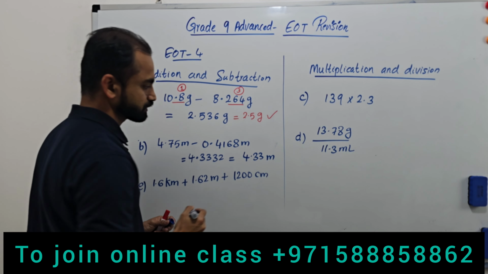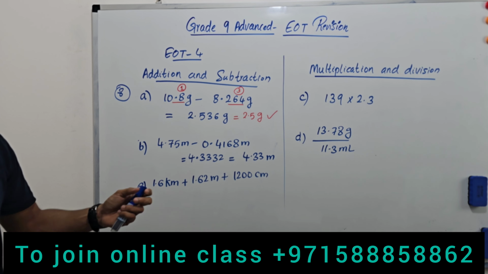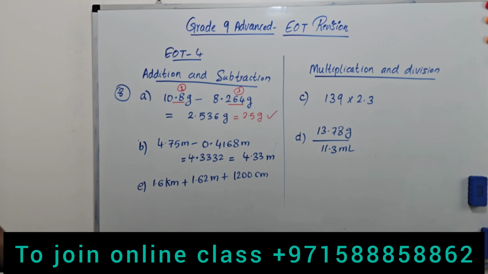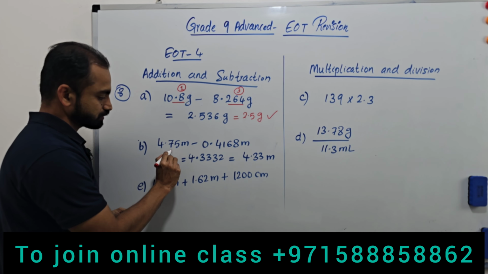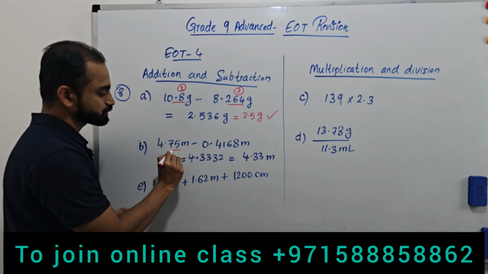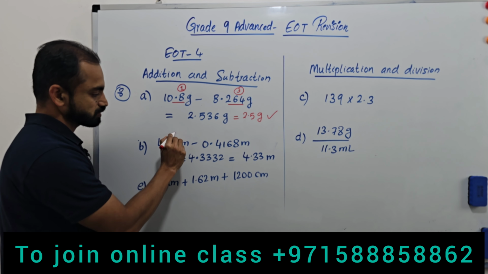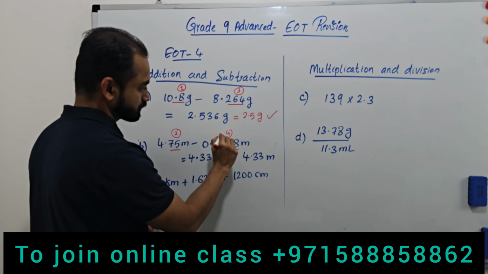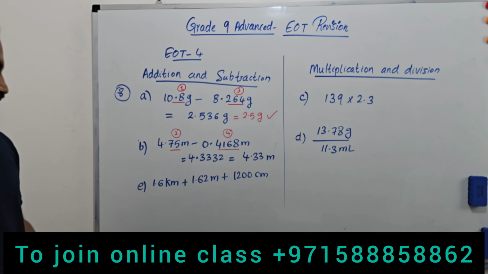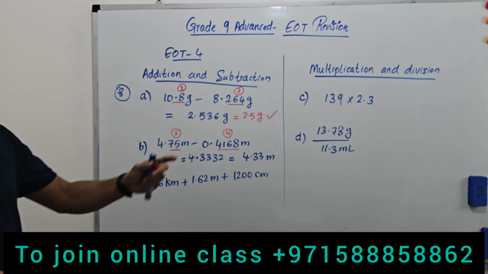Meter, right? Can you explain why you wrote 4.33? Because the smallest decimal place here is 2, and here it is 4. So I chose the 2. Very good.